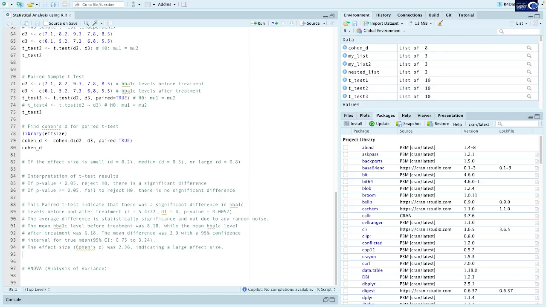So first we will go to regression analysis. Now, what is regression analysis?